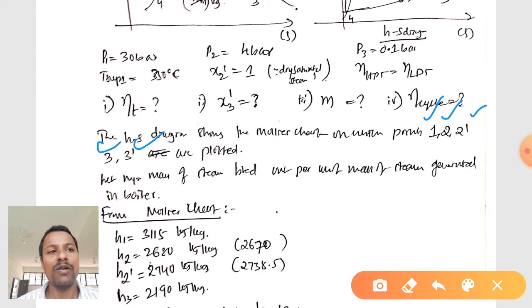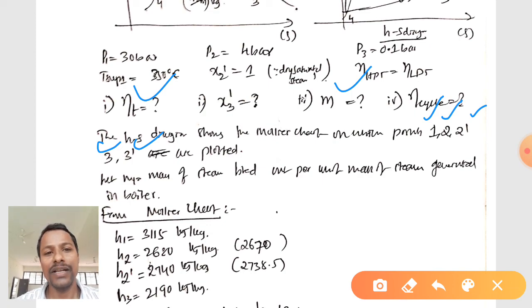So in previous problems we have understood that for calculation of thermal efficiency, mass of steam bled, and turbine efficiency, we require all the enthalpy values, that is H1, H2, H3, H2 dash. So all enthalpy values are required.